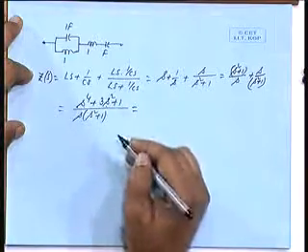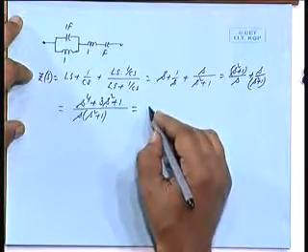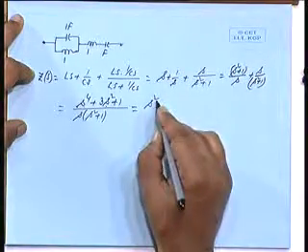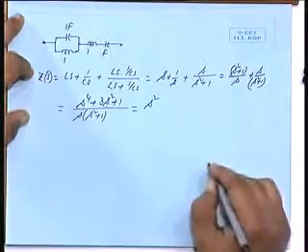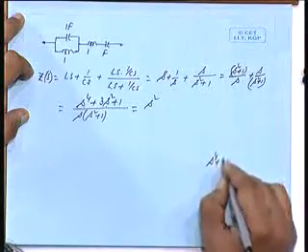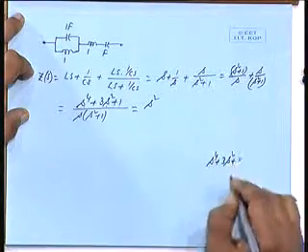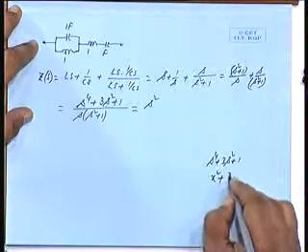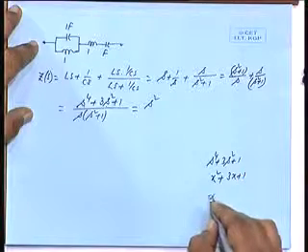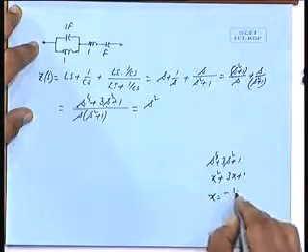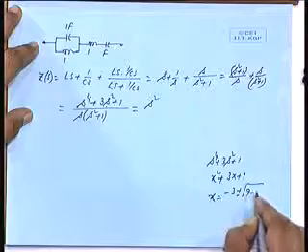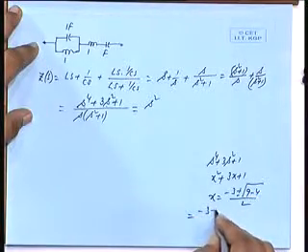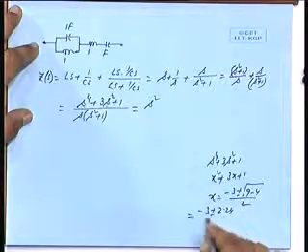There are two real roots. What are the roots? S to the power 4 plus 3S squared plus 1. I can write S squared as x, so it is basically a quadratic in x. So what are the roots of x? Minus 3 plus minus root over 9 minus 4, by 2. So minus 3 plus minus root 5, so 2.24, divided by 2.